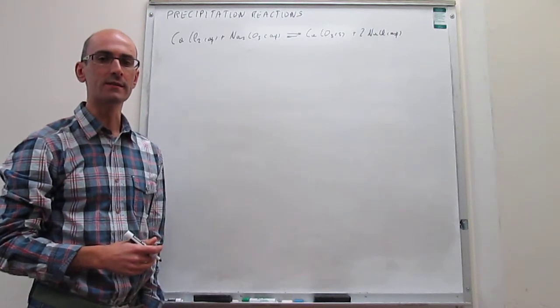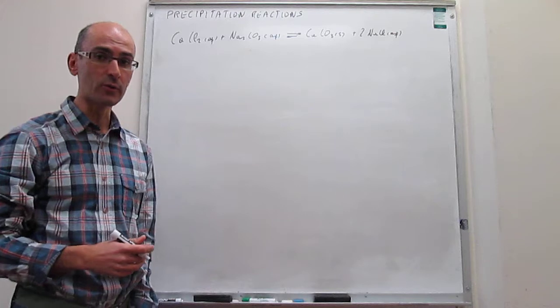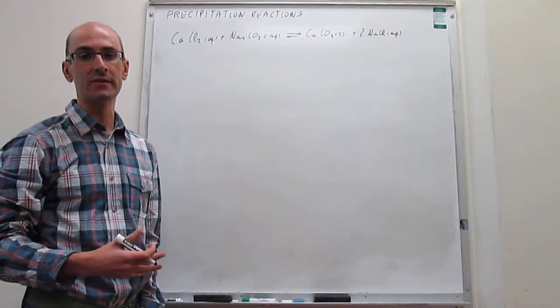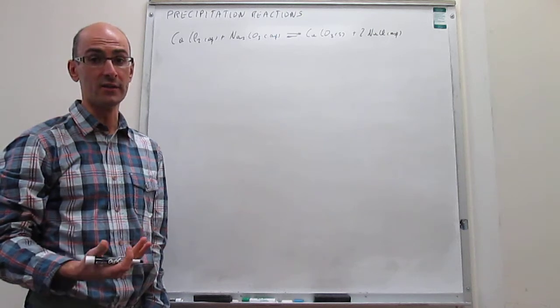Now we can write this in terms of the complete ionic equation, which simply shows the species that are dissociated as ions and those that are insoluble.